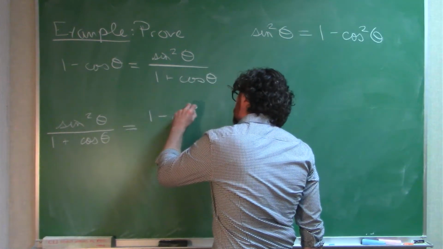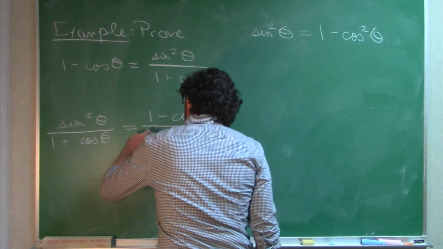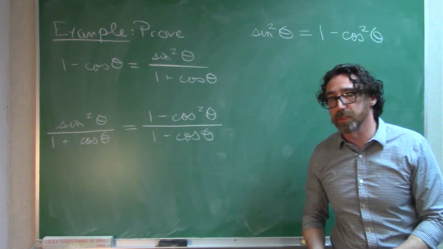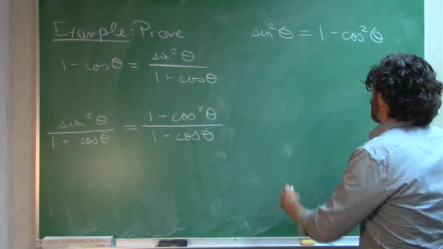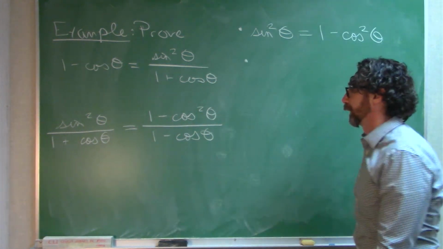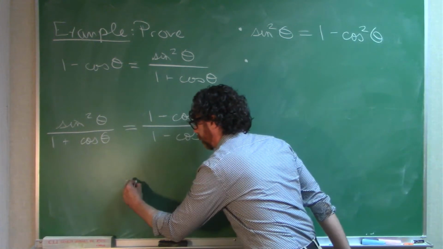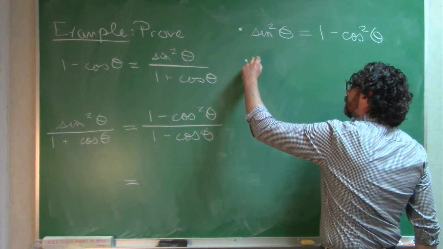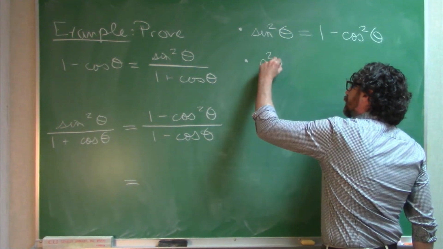So my numerator can be replaced by 1 minus cosine squared theta. All right, now, so these are kind of just things I'm thinking about as I'm working this problem. Another thing I'm thinking about is this idea here.